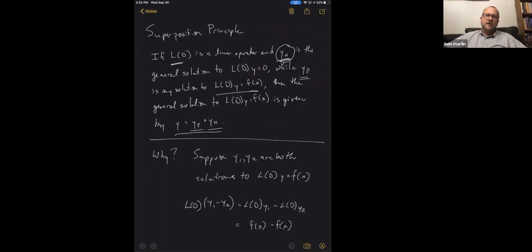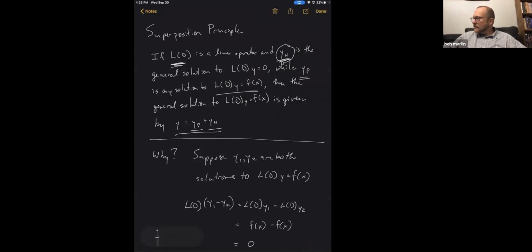All right, so the superposition principle says if you've got a linear operator, right? So think about those polynomials of differential operators. And you figure out what the homogeneous solution is that corresponds to that.